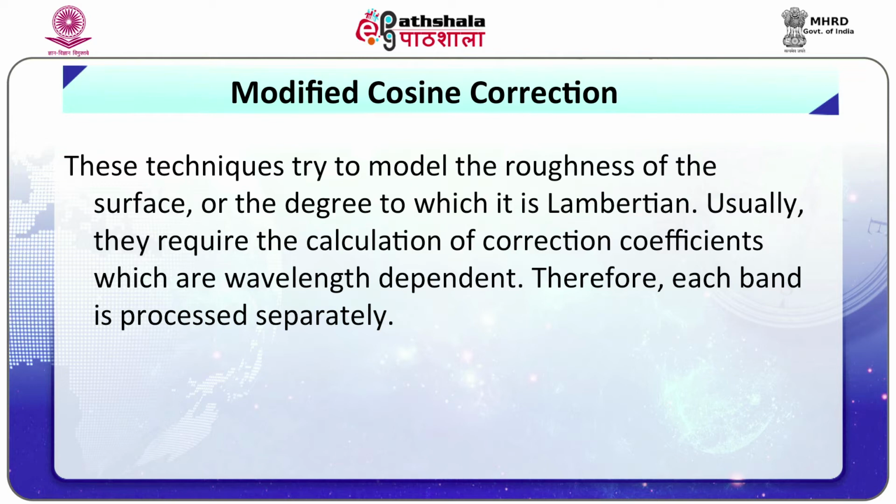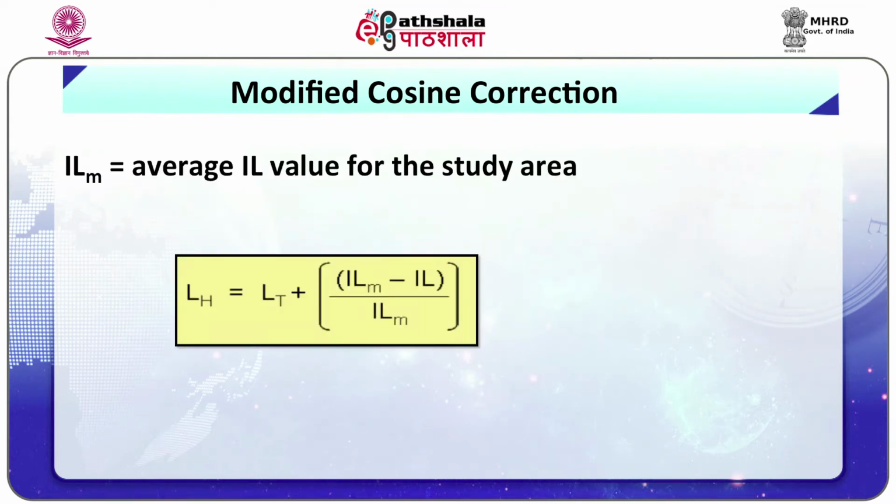Therefore, each band is processed separately. The computation of the correction factors will be done using a subset of pixels from the same land cover class. First, we will extract the pixel values from the image bands and illumination layers, and then we will compute the correction factors.